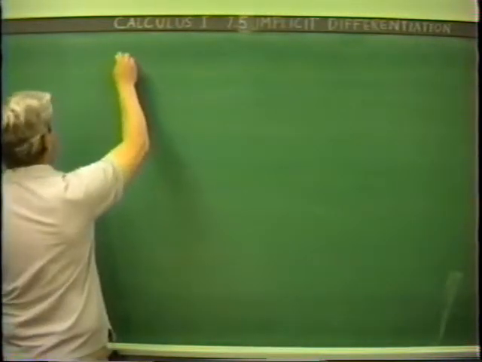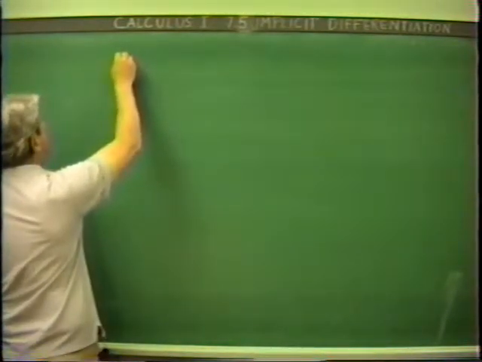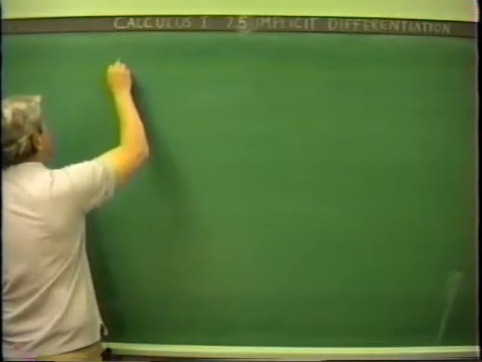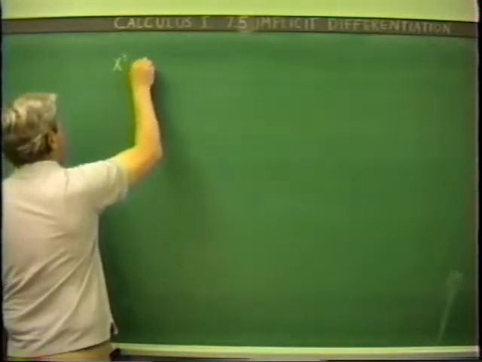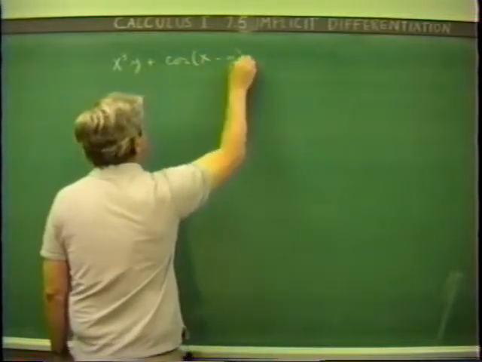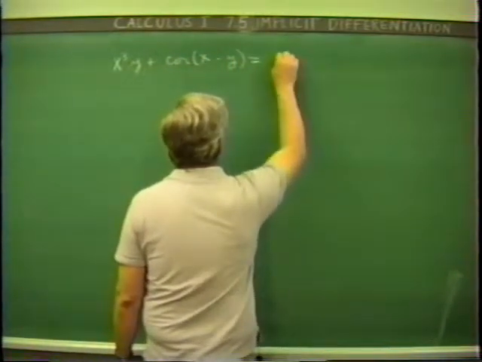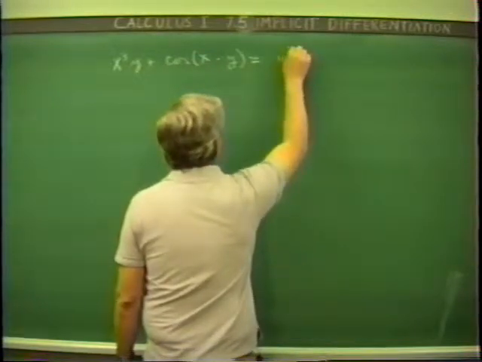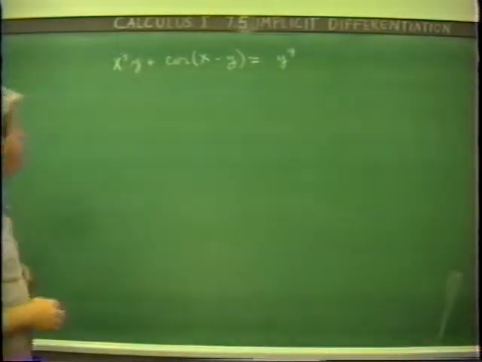So this frequently happens with the variable t, which is used frequently to represent time. So let's consider, let's say, x cubed y plus cosine of x minus y is equal to y to the 4th.